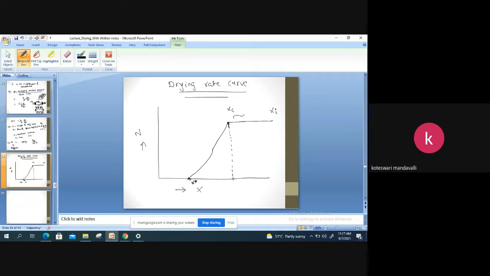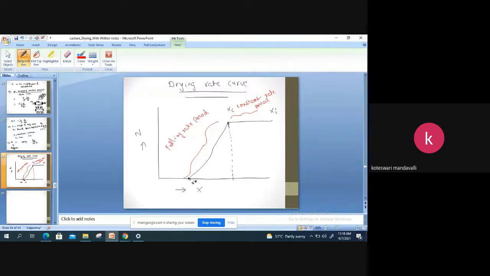Now this is called the constant rate period, and this is called the falling rate period.